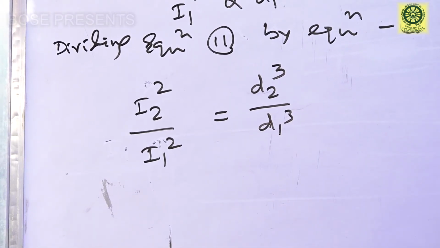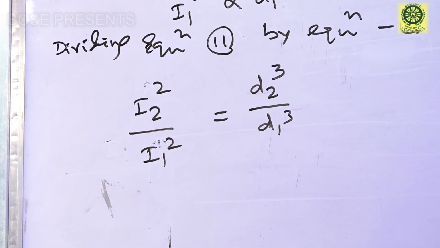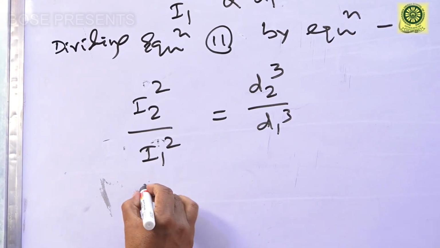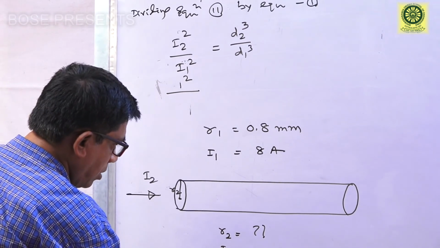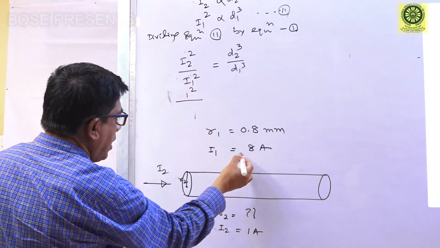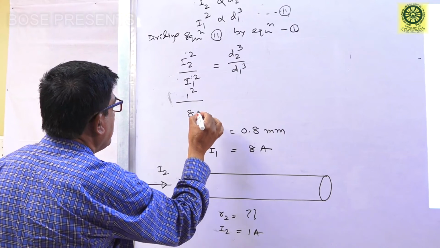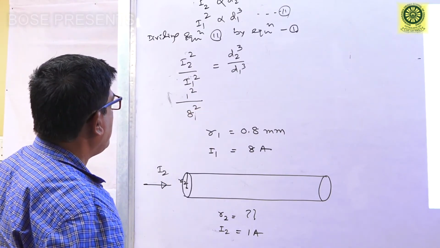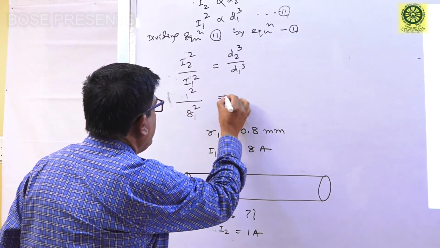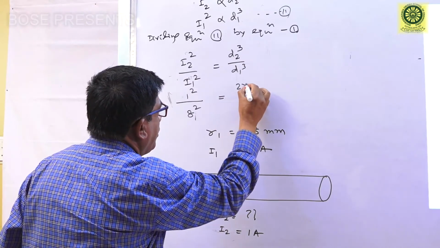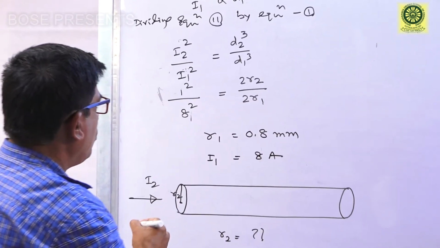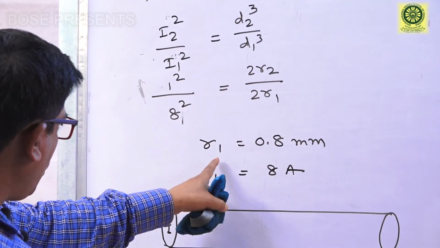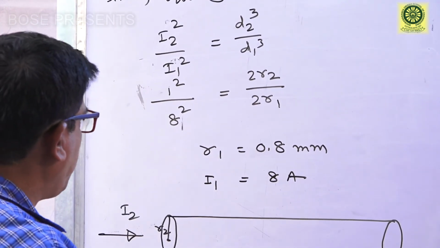Okay. So what is I2? I2 is equal to 1, and I1 is 8. So (1/8) square is equal to d2 cube over d1 cube, where d2 I can write as 2R2 divided by 2R1. R1 is 0.8 mm.